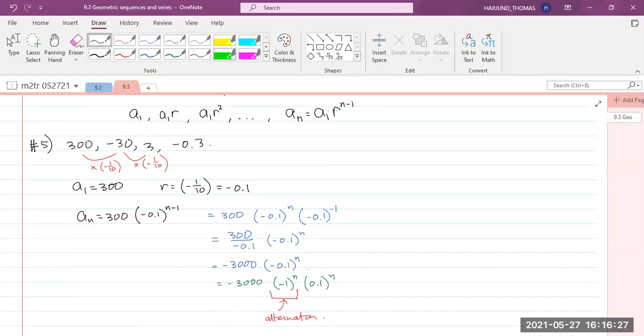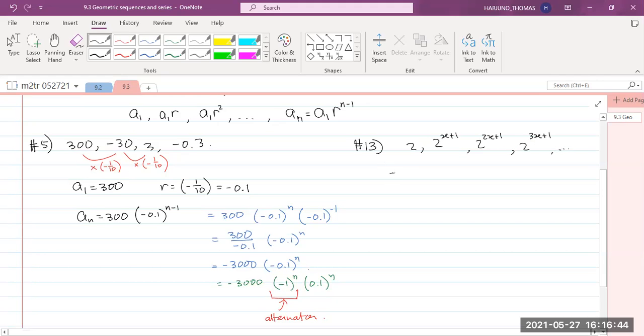Okay, number 13. We have 2, and then 2 to the x plus 1, 2 to the 2x plus 1, 2 to the 3x plus 1. That sequence is the same as 2, then 2 times 2 to the x, then 2 times 2 to the x squared, then 2 times 2 to the x cubed. Is it right? So the first term is 2. The common ratio is 2 to the x.